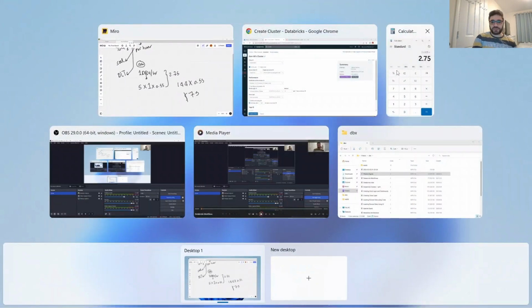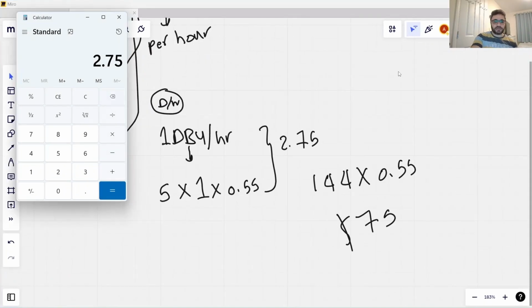We can actually do that. If you take 75 divided by 60, it should be this much. It's not a lot, right?